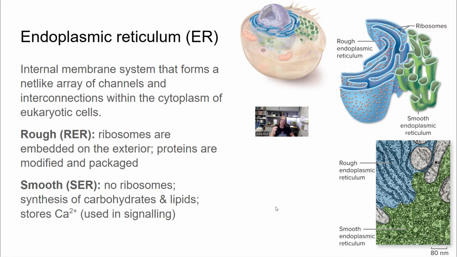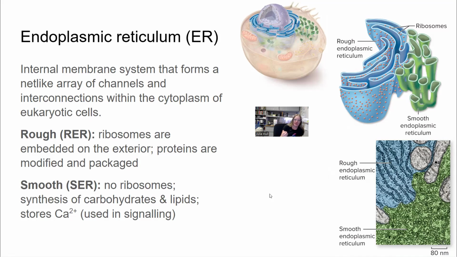The rough looks rough because it has ribosomes attached to the exterior of that membrane, so the side that's facing the cytoplasm. When we look at this under a micrograph, all these little black dots that we're seeing along here, those are all the ribosomes. You remember already that ribosomes produce proteins.